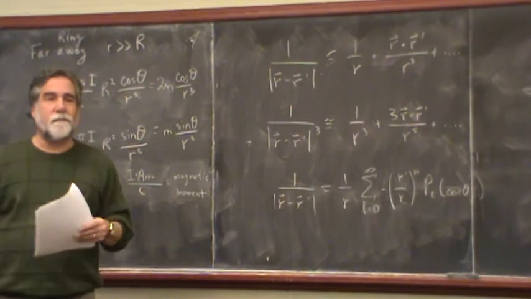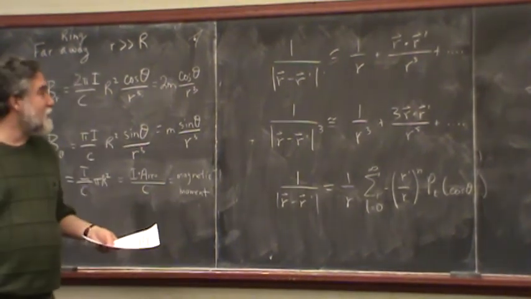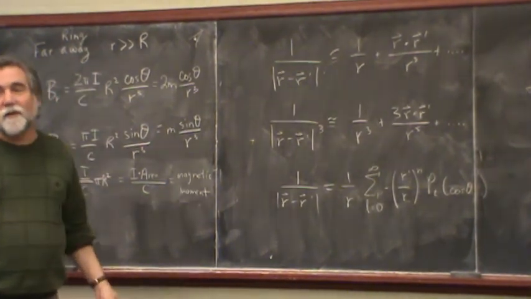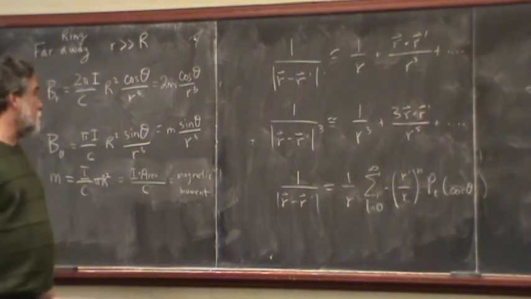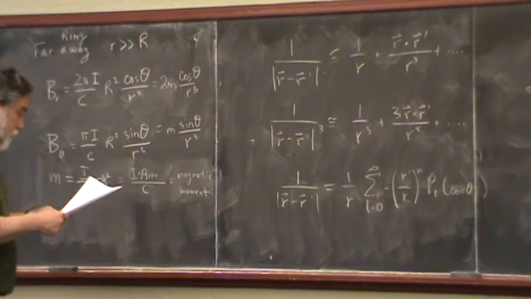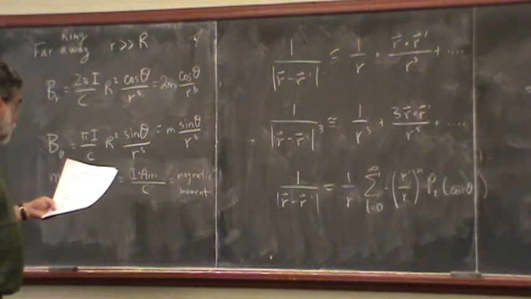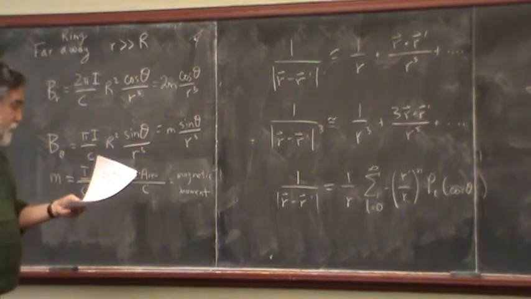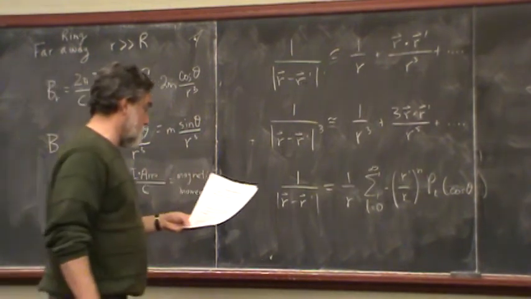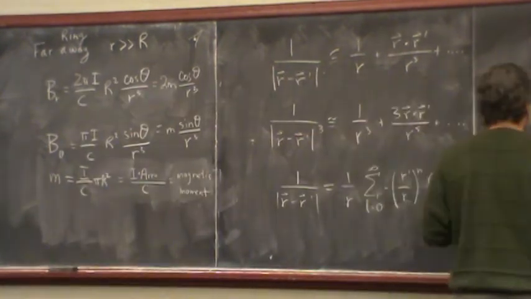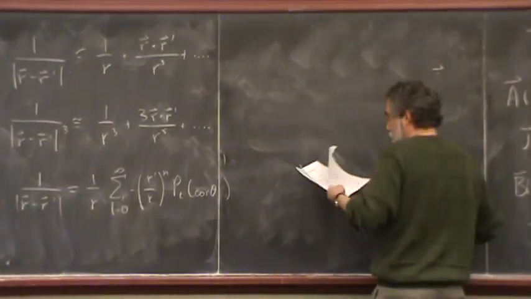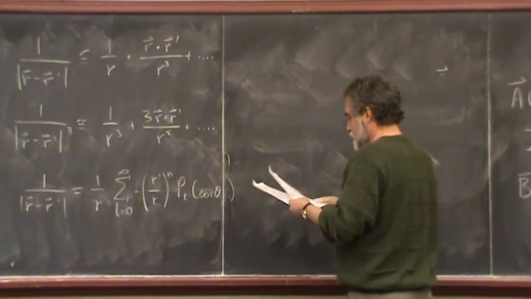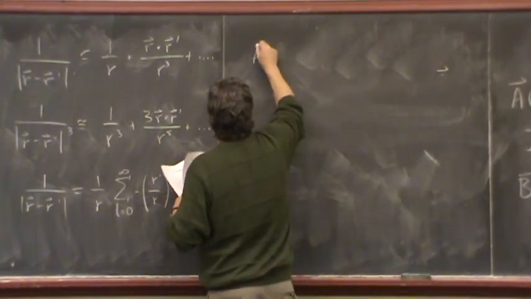Actually, I cheated here and wrote it out in Legendre polynomials rather than spherical harmonics. So now I've got that, the vector potential can be written out, and the magnetic field can be written out using that, but the vector potential looks like that.